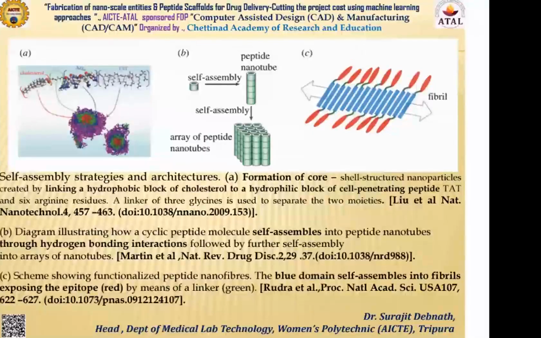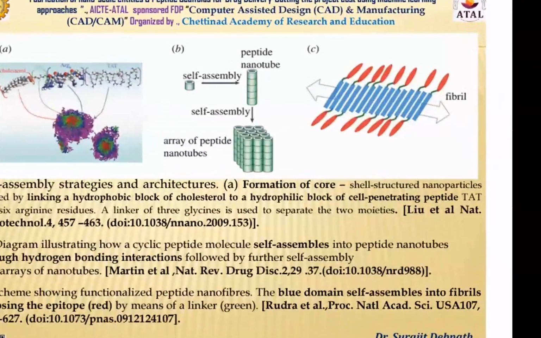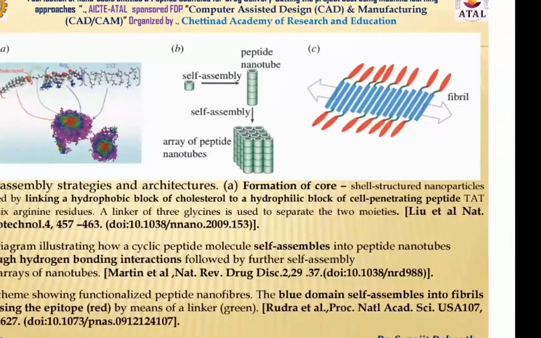Similarly, we can do fabrication at a nano scale, and there is a possibility of very good results. Here again, there are self-assembly strategies. For example, self-assembled fibrils can be formed, which can act as nano robots. In the coming 50 years, as I have said, precision medicine will be the norm.